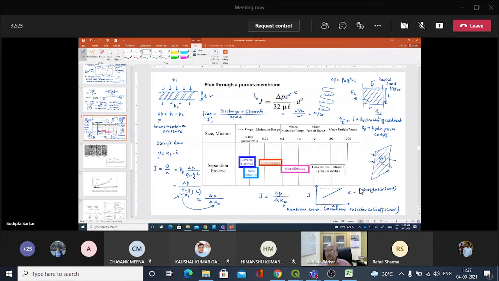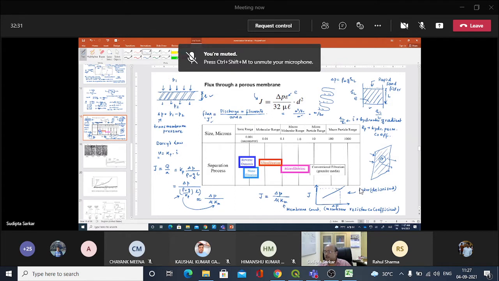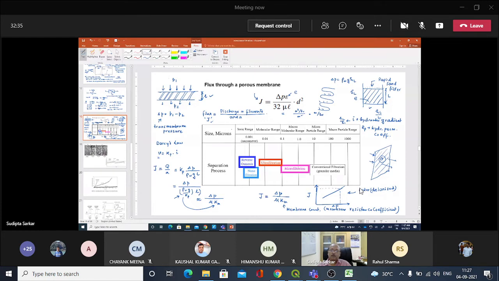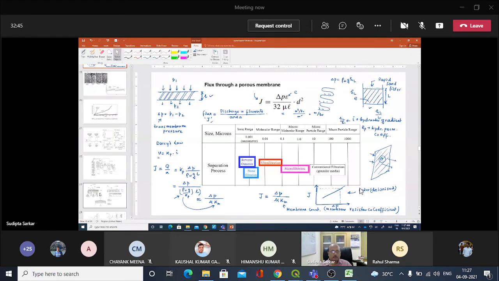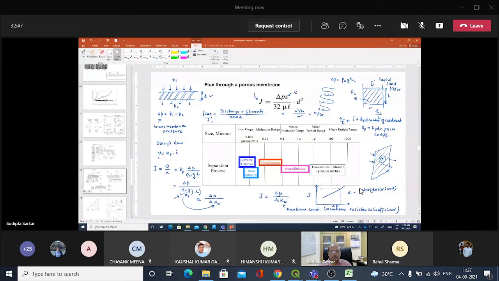So suppose you have a very high pressure across the membrane. Then sometimes when we do this, there will be something called fouling. Okay, let me show you a diagram about fouling, then you will understand.